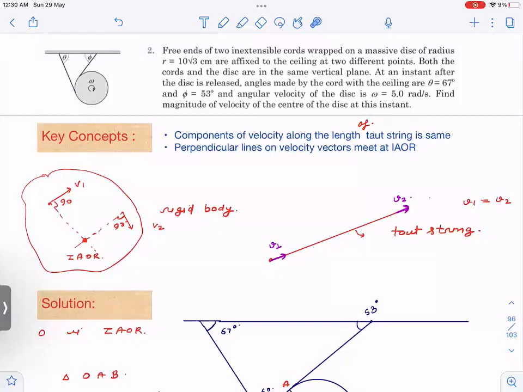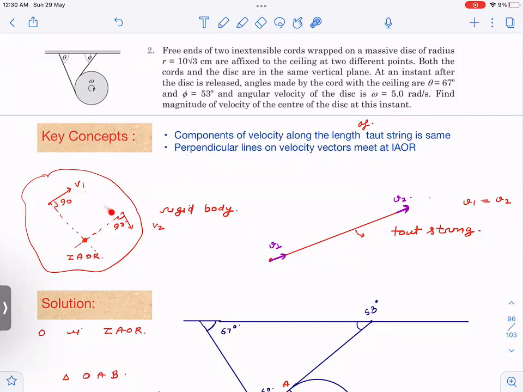And the second thing is that perpendicular lines on velocity vectors meet at the instantaneous axis of rotation. Suppose this is a rigid body, and one point has velocity V1, another point has velocity, let us say, V2. The instantaneous axis of rotation is a point about which, at that instant, the entire body can be assumed to do pure rotation. So this is the axis.